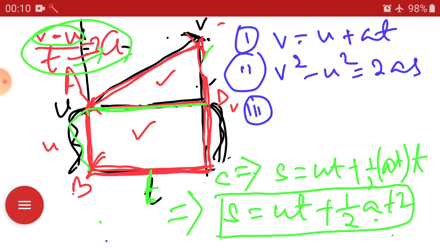By adding them, we got that s is equal to ut plus half at square. So these are the three important relationships or equations of motion, and using these three equations of motion, you can solve many questions.